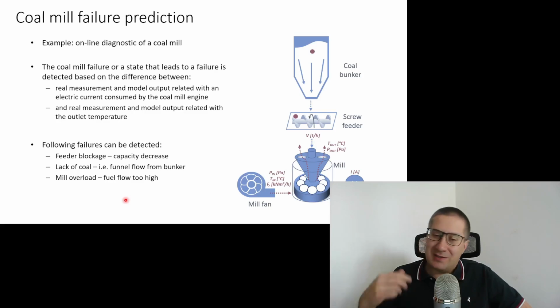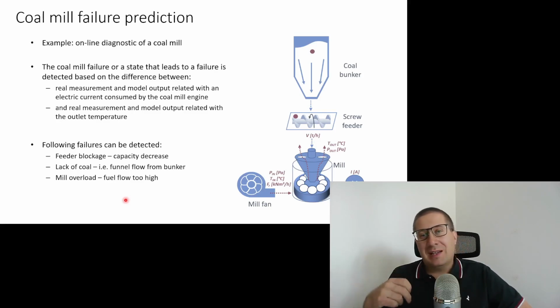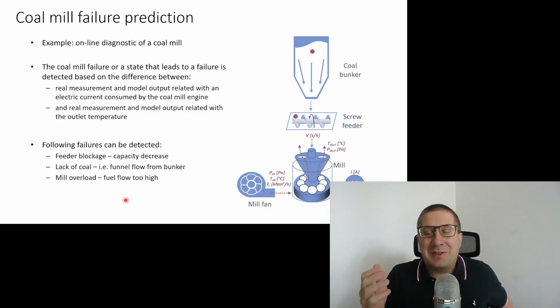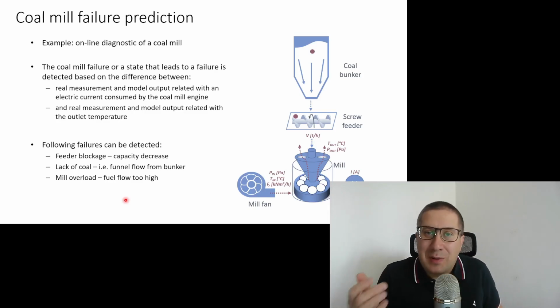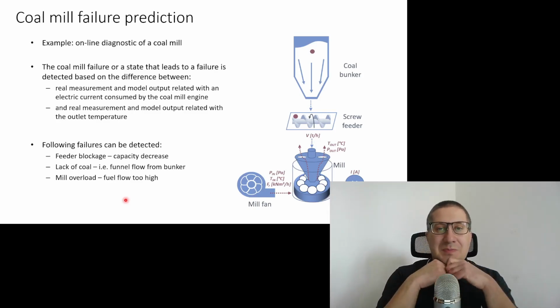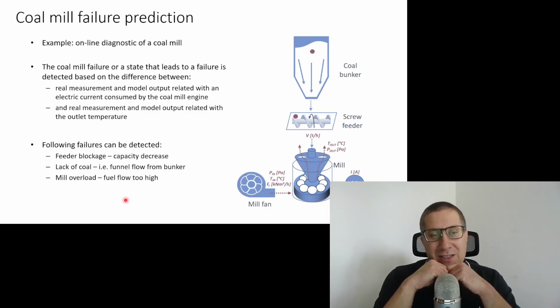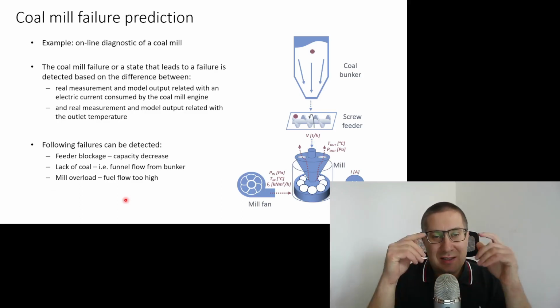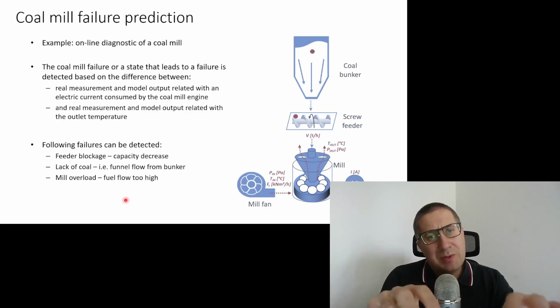We are predicting failures of transformers, pumps, and other devices. But I have nice slides for this case. It was one of the first projects with predictive maintenance, and that is why I would like to go a bit deeper right now with this topic. I promise it's the last time I'm discussing the coal mill.